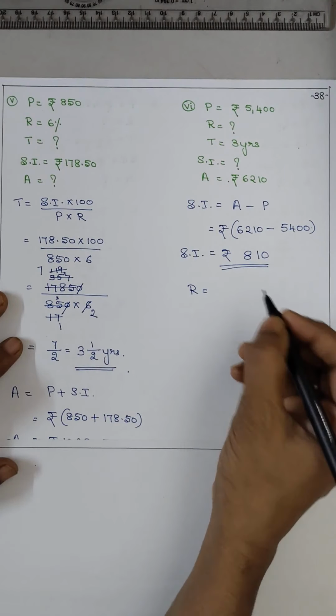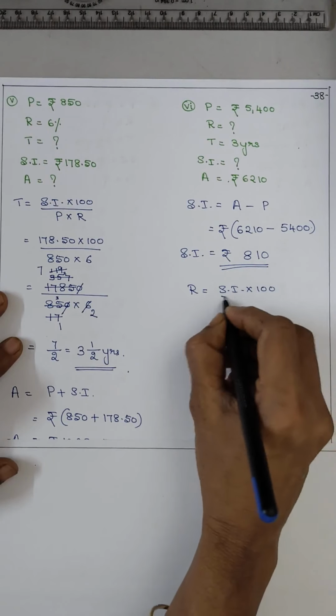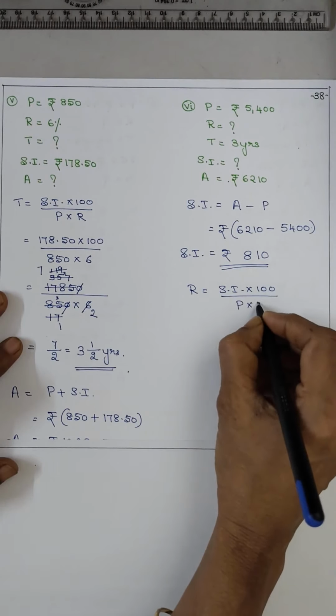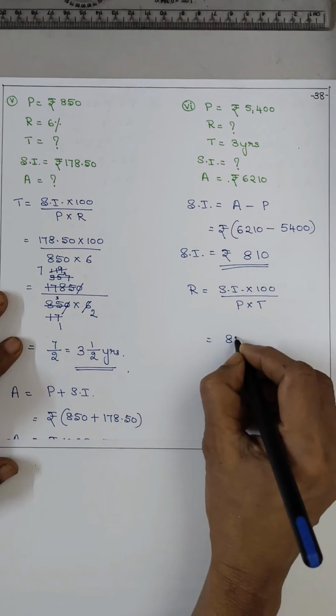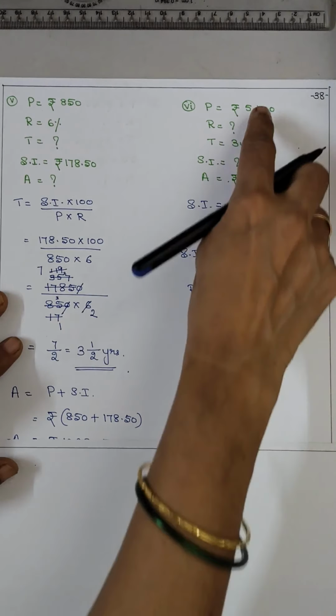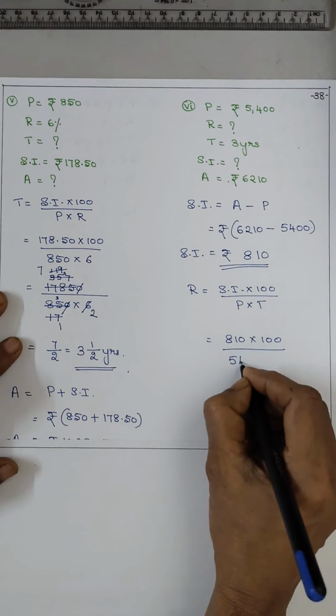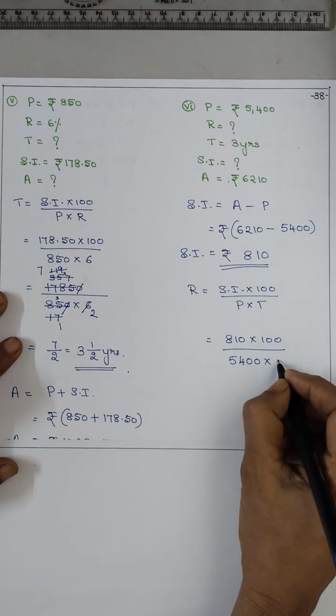What is the formula? SI into 100 upon P into T. SI 810 into 100, P 5400 into T is 3.